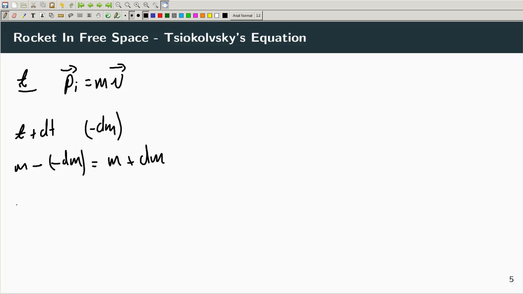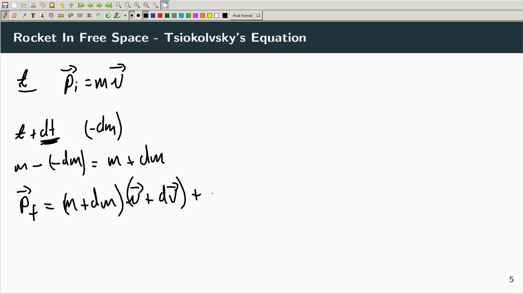Therefore, the final momentum in this small time frame dt after t is the rocket, losing its mass, times its velocity plus its small change in velocity, plus the mass that was ejected at the back, and that's all according to the exhaust in the O frame of reference, which we are in.